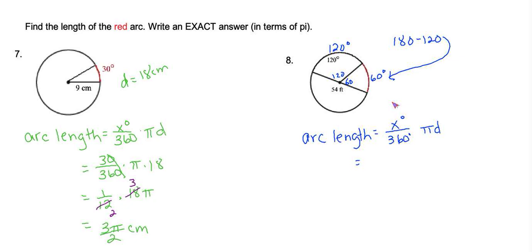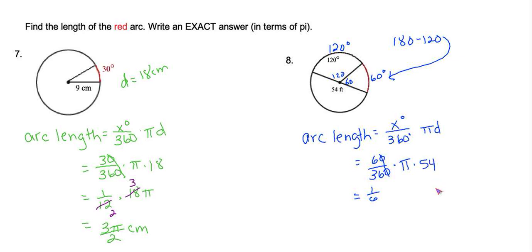So 60 over 360, hey, I know what that is. That's just 1/6 of the circle. That's just going to reduce to 1/6. Anytime you have a fraction and you're not sure about what it would reduce to, you can always use your calculator for that. Just enter it as a fraction. Now, for this problem, the diameter is given. It is given to be 54.